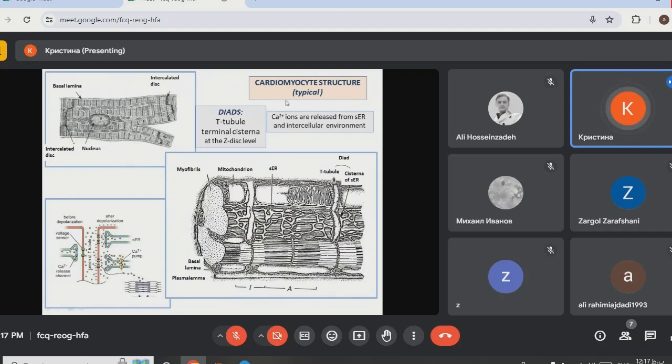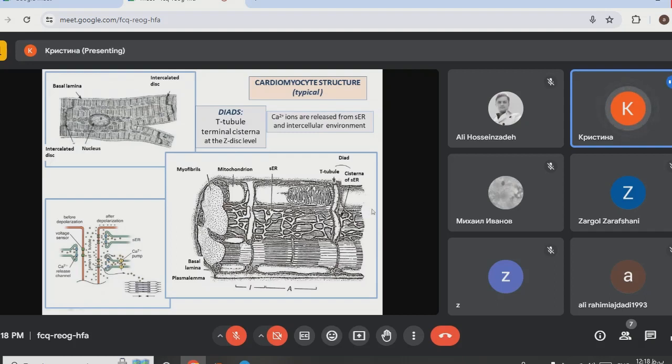In order for calcium ions to get released, we need an electric impulse to go along the membrane of the cardiomyocyte and along the membrane of the T-tubule, and this signal transmits to the smooth endoplasmic reticulum, inside which we have the calcium channels that become open when the impulse reaches this area, and calcium can go out from the smooth endoplasmic reticulum and reach the myofibril. So the mechanism is the same as for the skeletal muscle tissue.